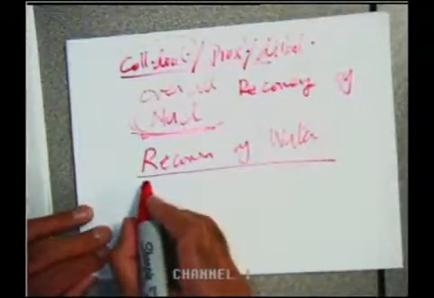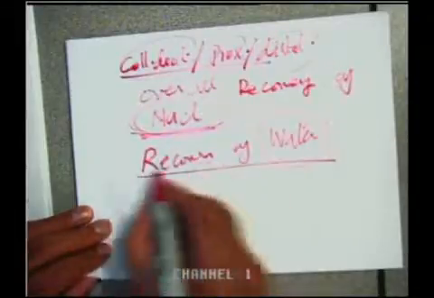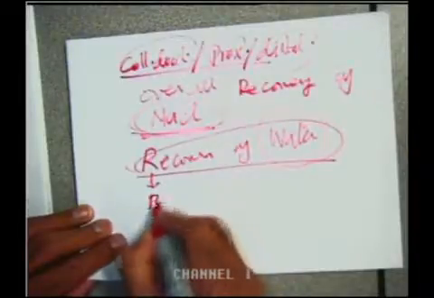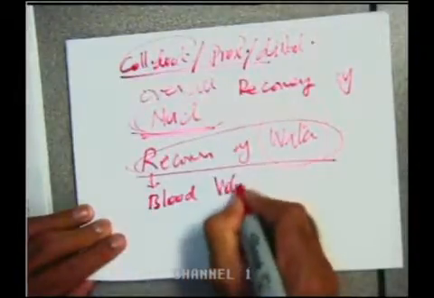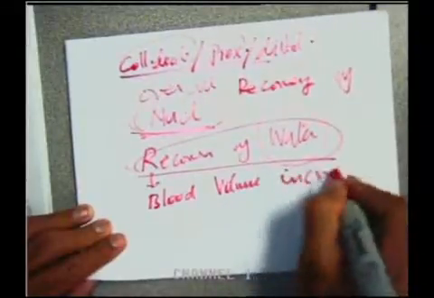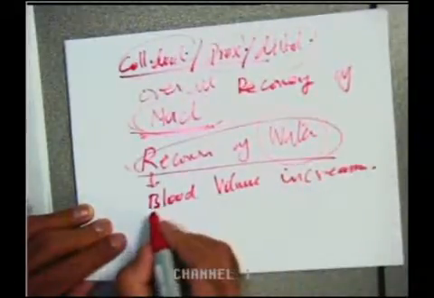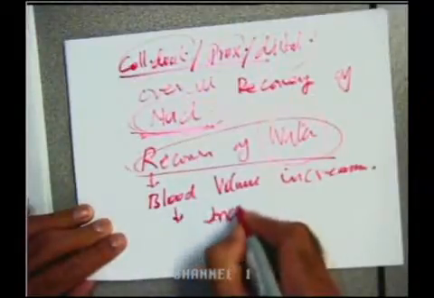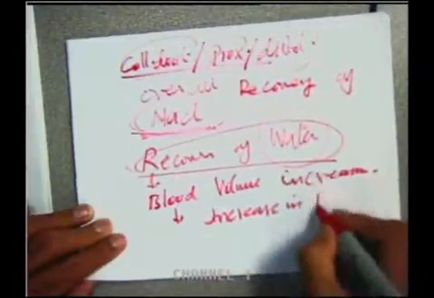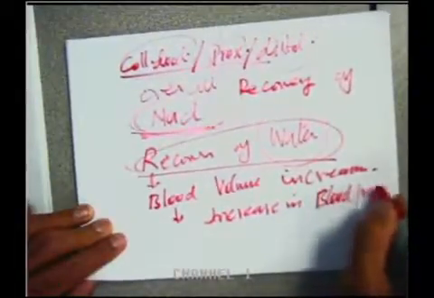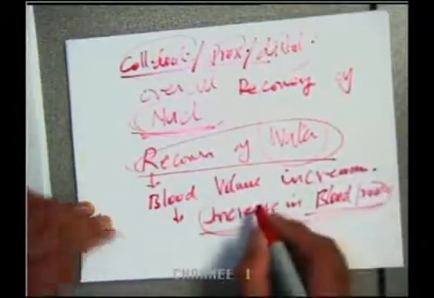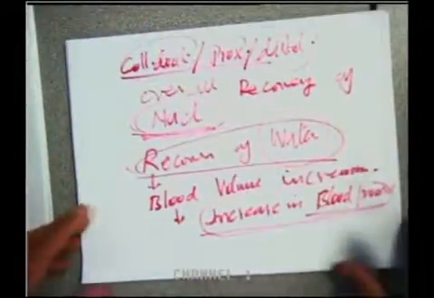So if it recovers the water and the sodium chloride, what will the recovered water do? It will go from the tissues to blood, right? So what happens here? The blood volume increases, and it leads to an increase in blood pressure.